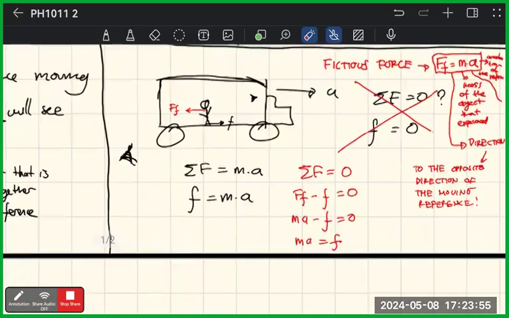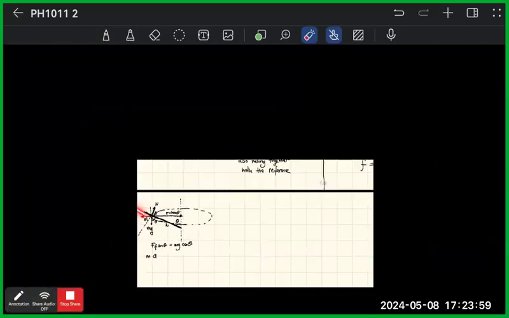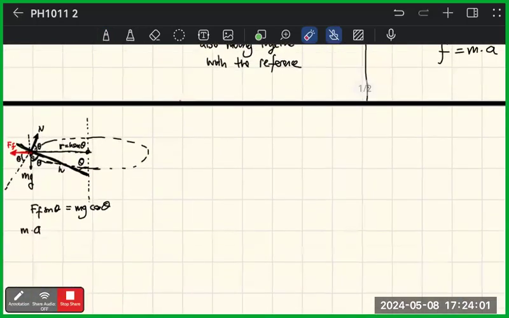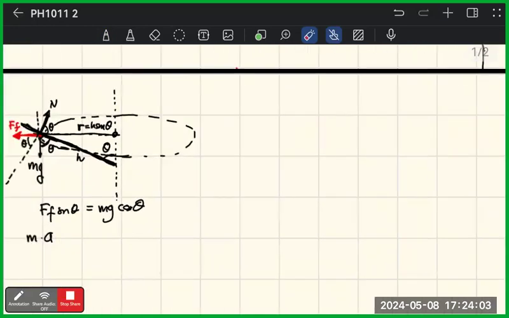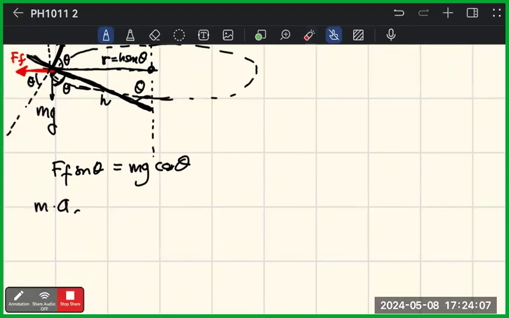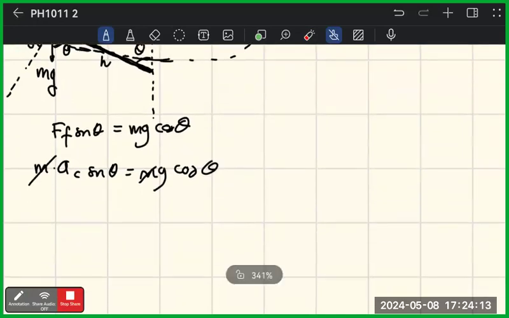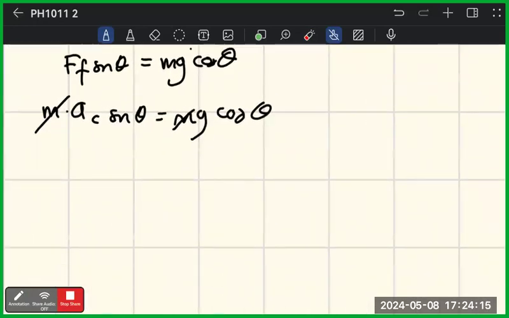The acceleration is the acceleration of the reference, which is moving in circular motion, so the acceleration is centripetal acceleration. m a sine theta equals mg cos theta. You can just cancel out the m, so the centripetal acceleration is omega squared r.